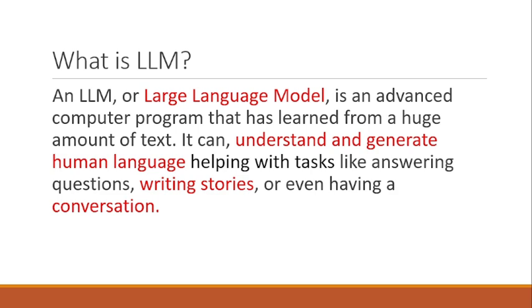Do you have any digital assistant or Alexa at your home? You will be very familiar with this: when you give any prompt or question to it, it gives you an answer in a very friendly way. So how does it do that? It uses pre-trained data, a very huge amount of it. It has learned from a huge amount of text previously, so that it can understand and generate human language.